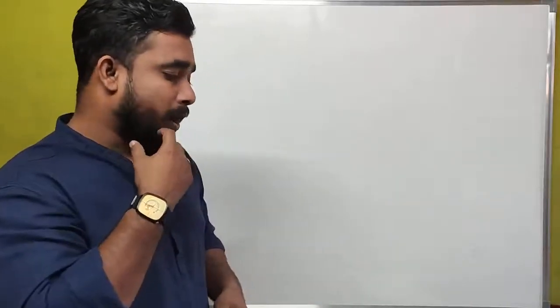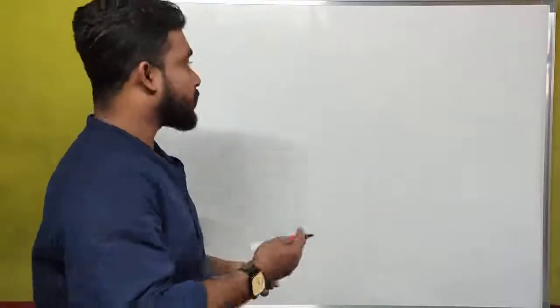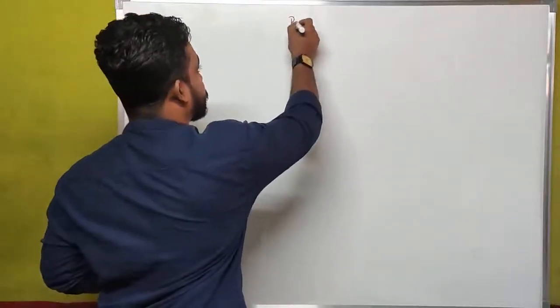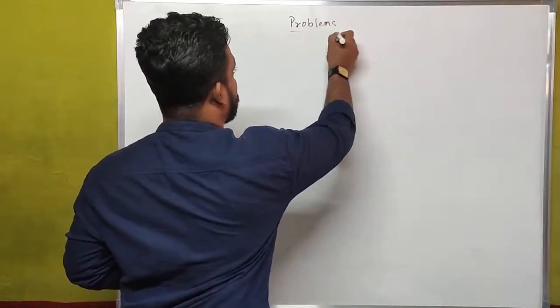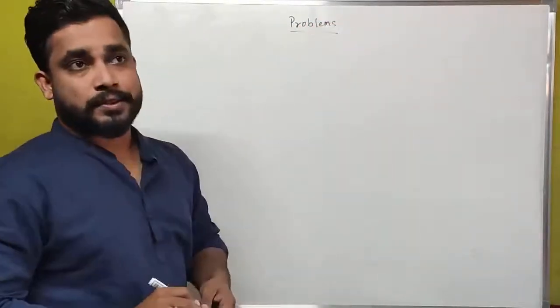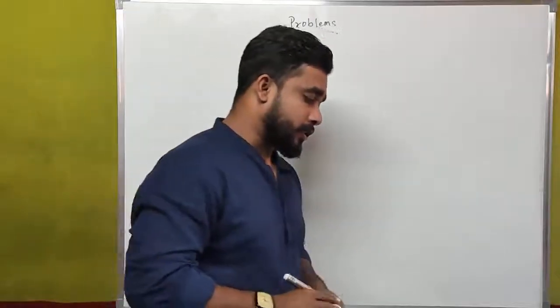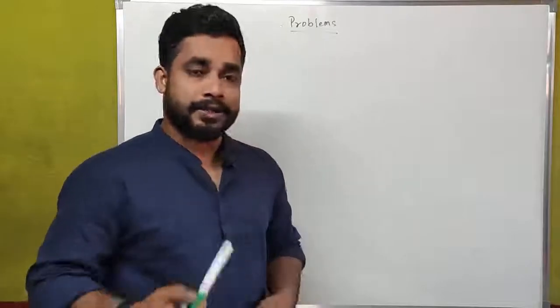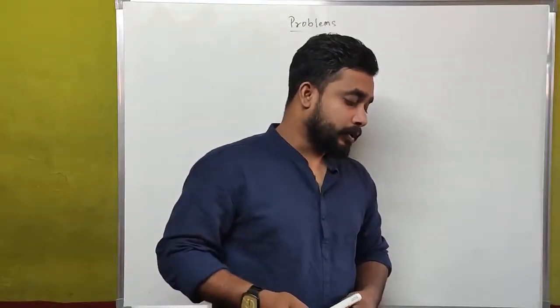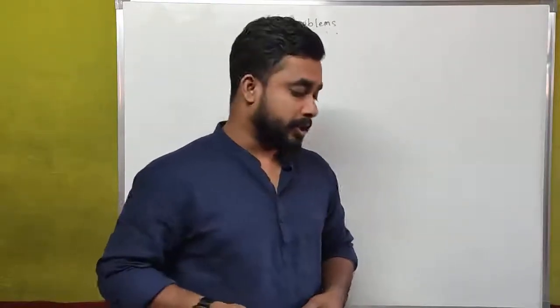Next, now I am going to discuss problems of wave optics. The very first question is: in a Young's double slit experiment, the distance between the slits is 1 millimeter.